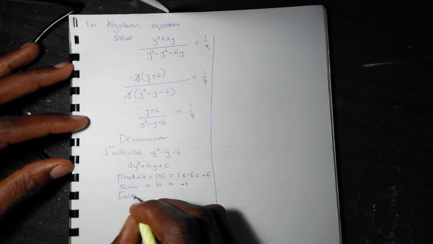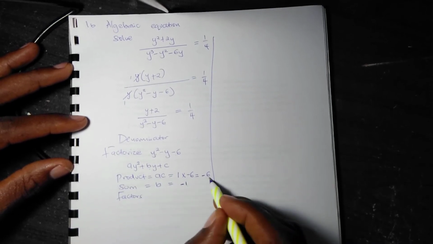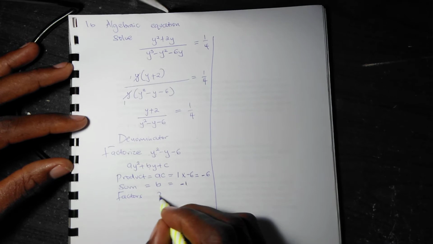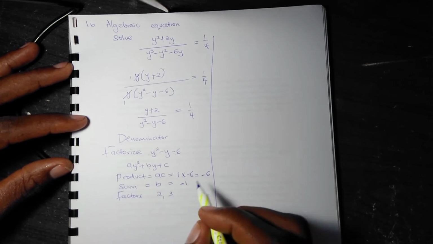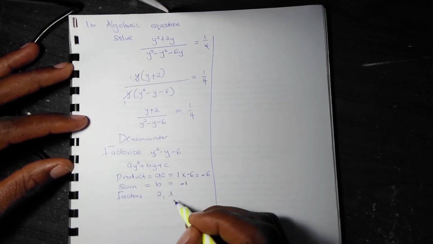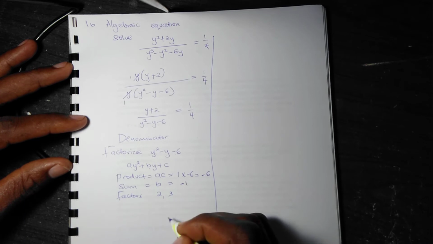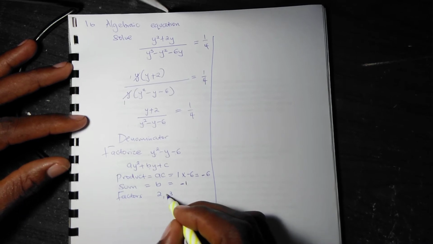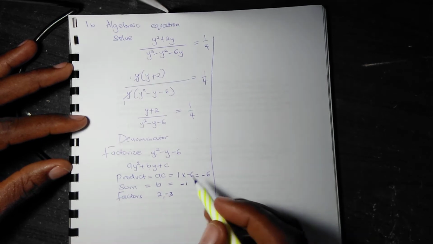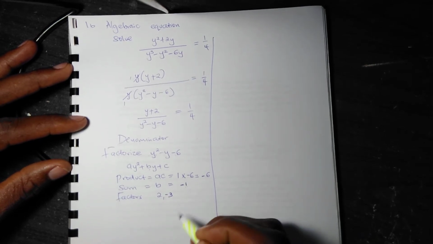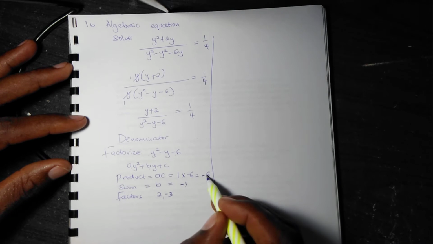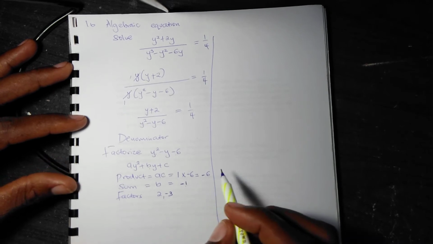Considering the factors of negative 6, you can easily pick 2 and 3, which when multiplied give negative 6, and when added give negative 1. That means the bigger number should bear the negative.